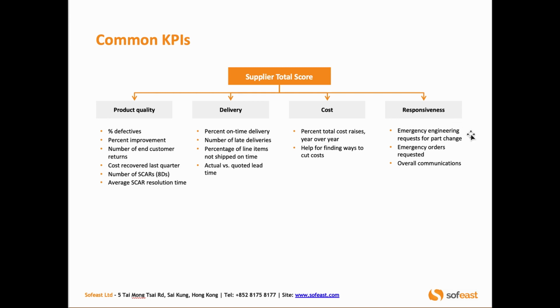Can they hurry up to make some changes, maybe for a new version of the part? Can they hurry up to make new production very fast when needed? Is it easy to communicate with them? This can also be tracked. It's more subjective, not based on data, but all of the others are usually based on data.